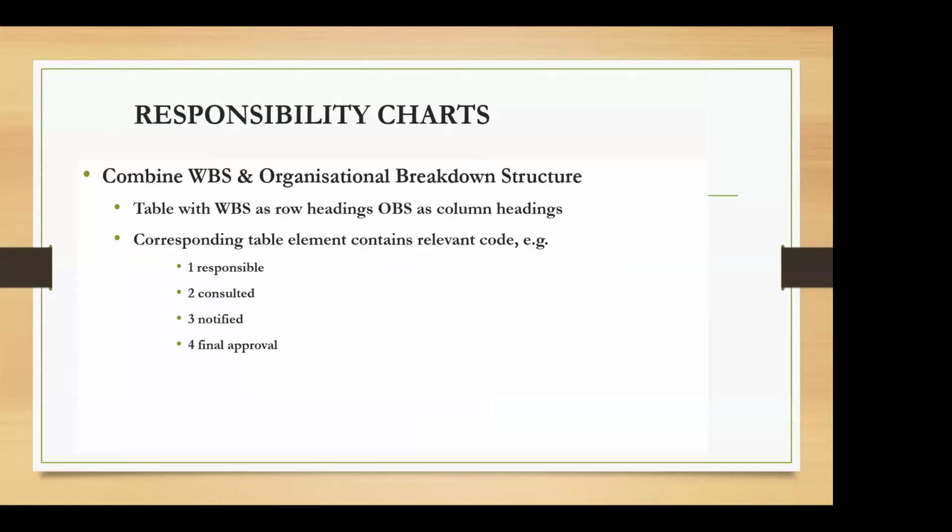And the OBS, or the organizational breakdown structure, as the column headings, right? So every table element will have a code, let's say 1, 2, 3, 4, which will talk about the response, whether a person is responsible, or is he going to be consulted, is it going to be notified, or is he the person who is giving the final approval likewise.